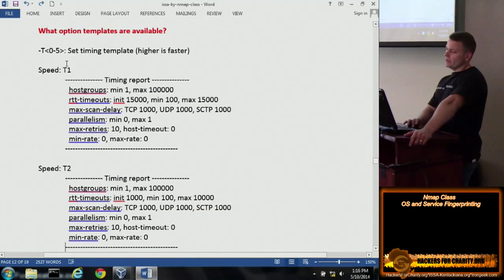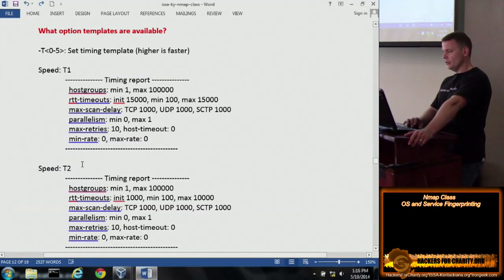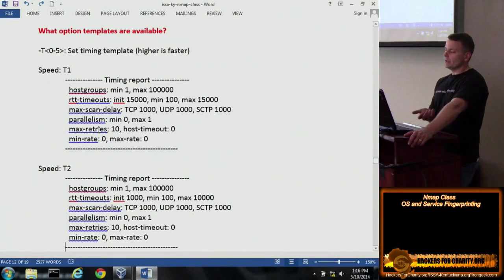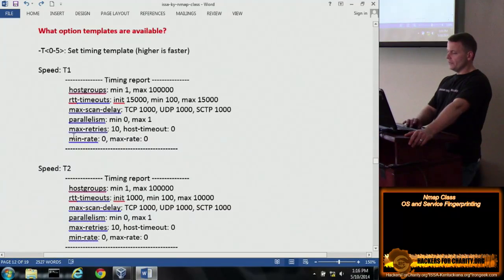So here in the T1 speed, the really slow speed, we can see that the values for host groups is obviously a very broad range, and the timeouts are set very high. It's kind of assuming a relatively slow network, you would still get information back on, and then it starts off the other values in a similar way.